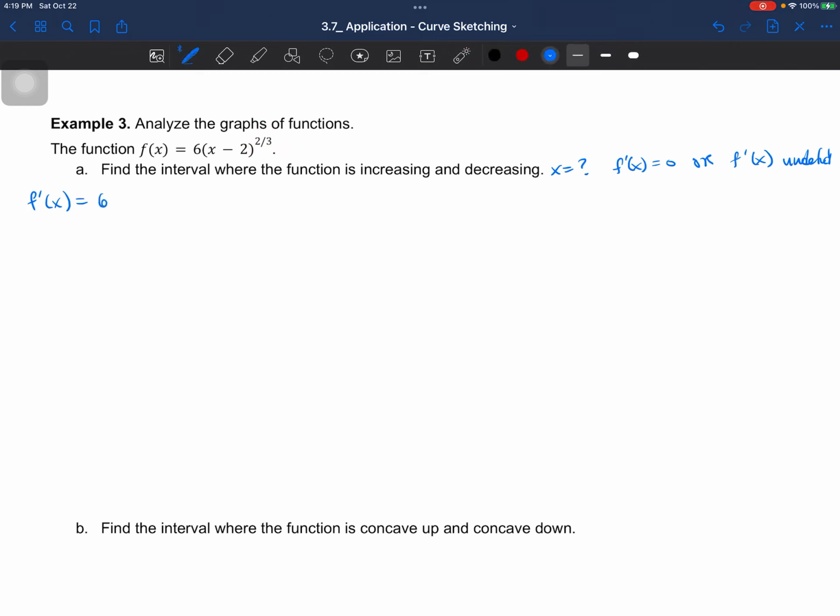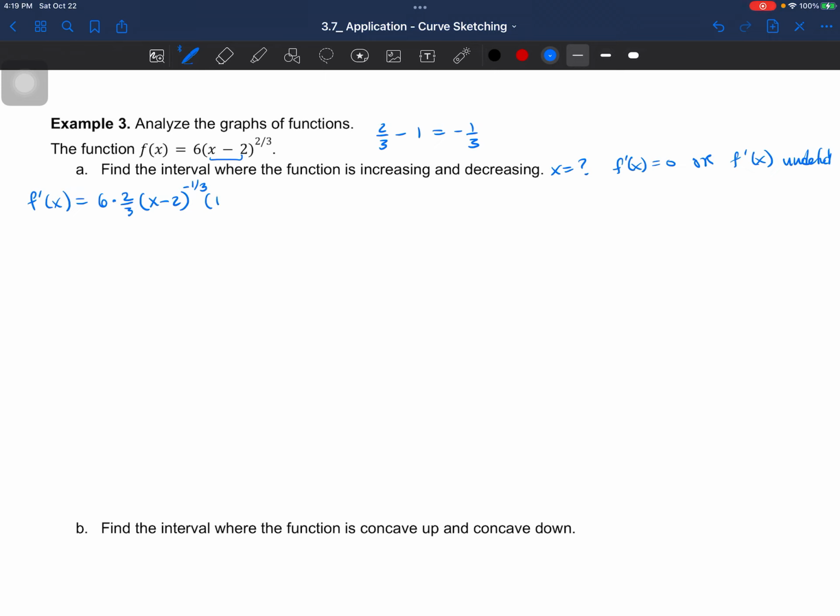We can see here that we have a function inside a power function, so we have to use the chain rule. So bring down the power of 2/3, leave the inside as it is, and then subtract 1 from the power. 2/3 minus 1 is going to be negative 1/3. You can just do that in your head, by hand, or type it in your calculator. This will give you negative 1/3.